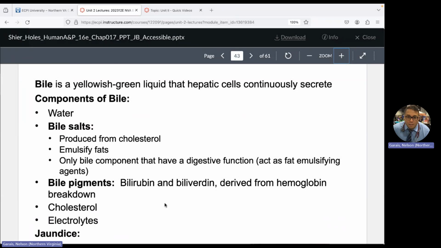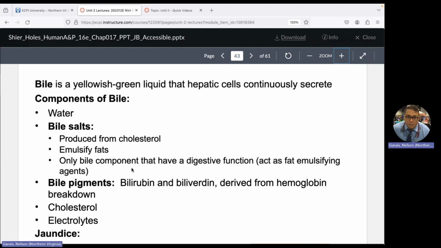Components of bile salts. What is the function of a bile salt? Well, it's created from cholesterol. It is an emulsifier. It is not like a lipase where it'll break down lipid into triglycerides and fatty acids. It just simply emulsifies the fat, meaning it makes the fat easier to handle.